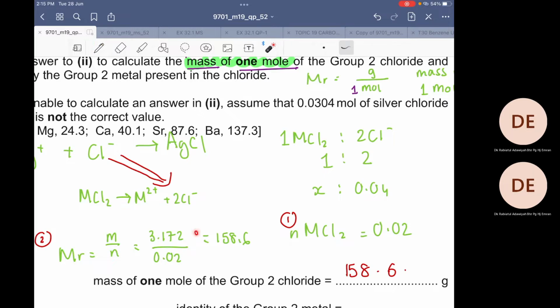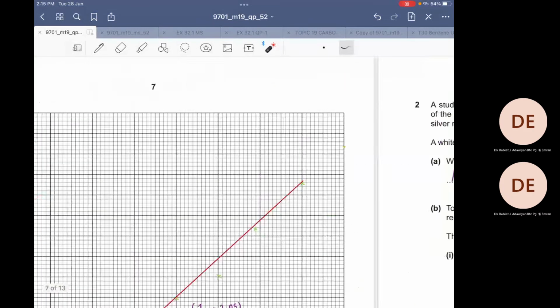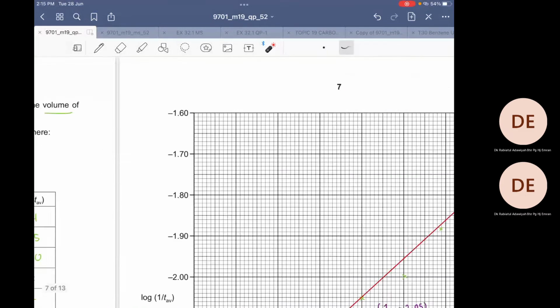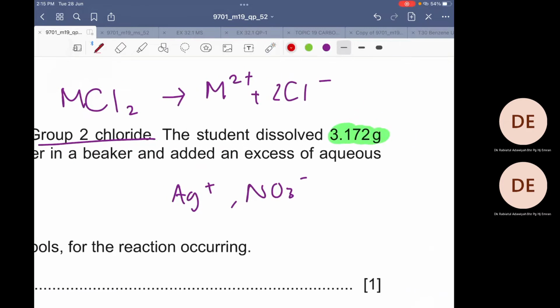Now you may be wondering, how do I know the mass of magnesium chloride? You go back to the first part. This is the mass of MCl2.